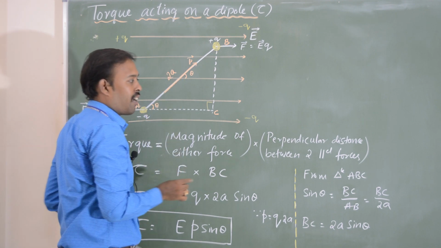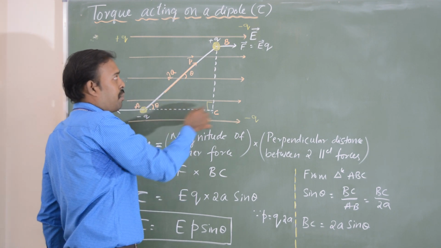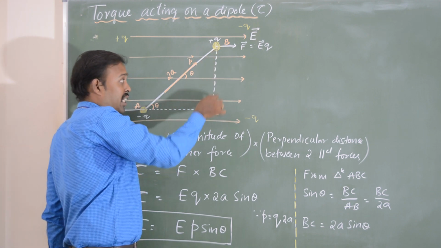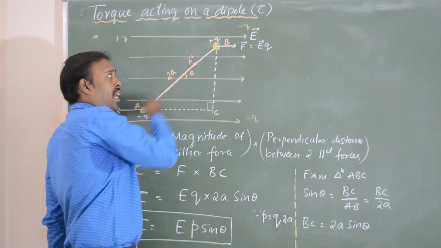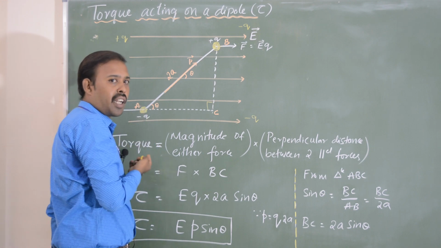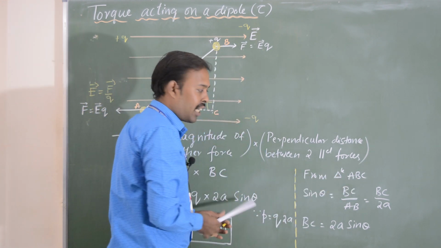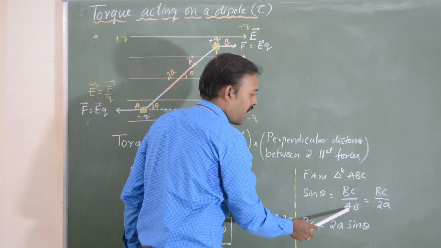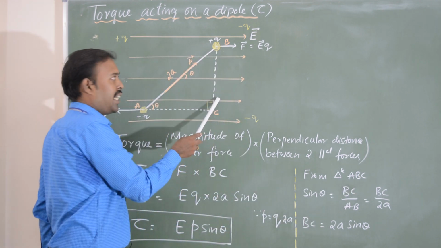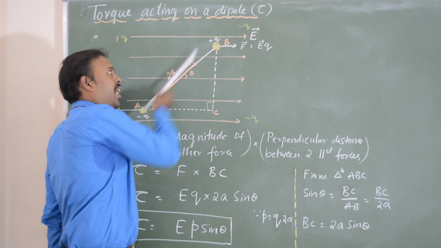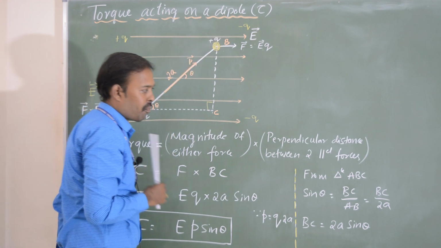So sin theta is BC, the opposite side, divided by AB, the hypotenuse.